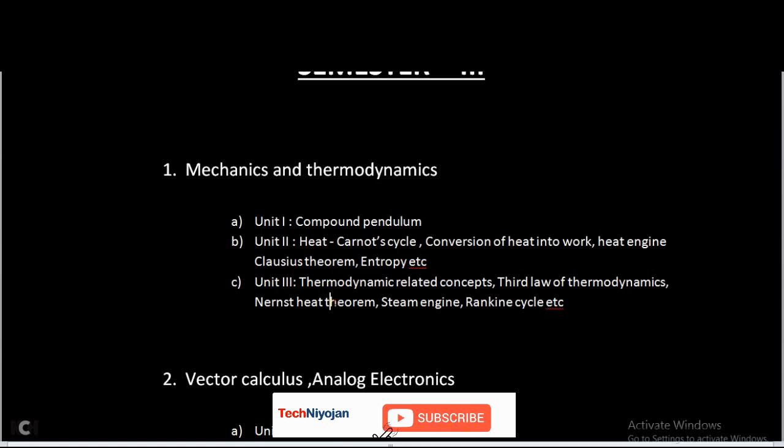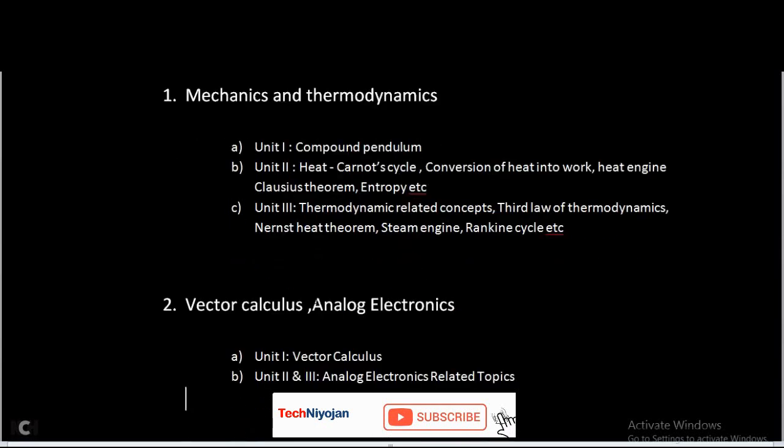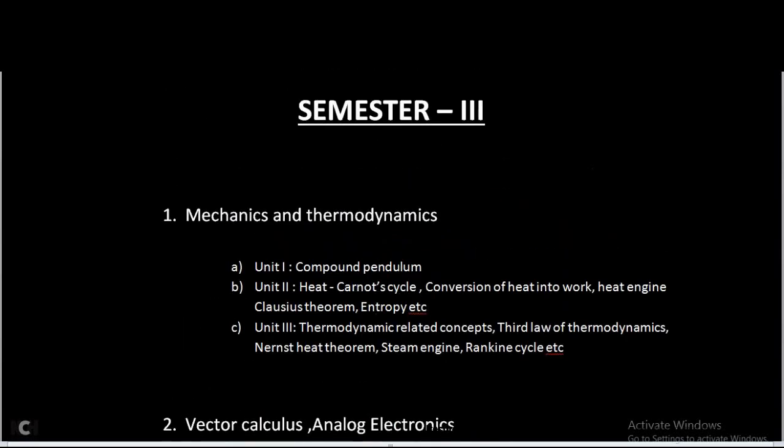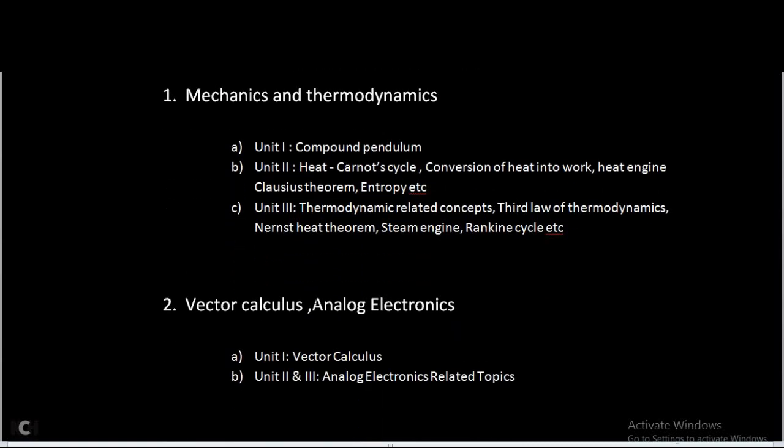Nernst and all is very important in your academics of BSc physics. This is semester 3, which means I am talking about the second year BSc of the physics stream. Okay, we came to second year physics.